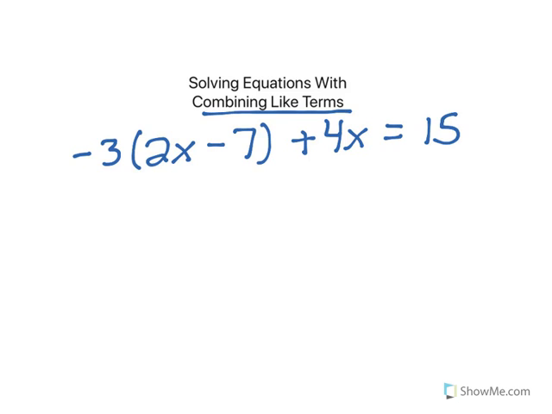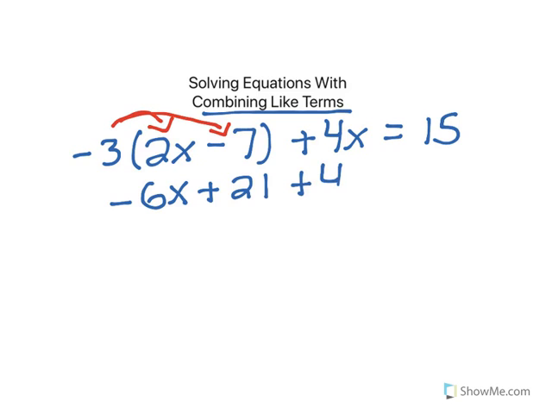So I'm going to take my -3 and multiply it by the 2x and the -7. When I do that, I'm left with -6x, positive 21, plus 4x is equal to 15.